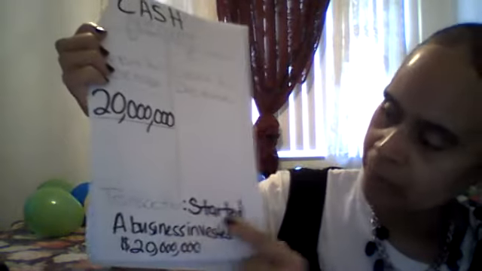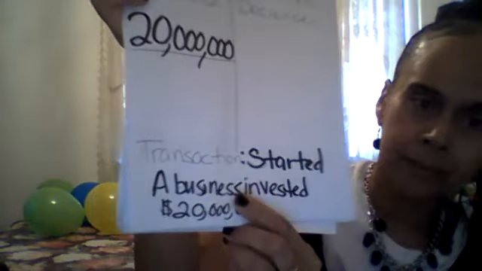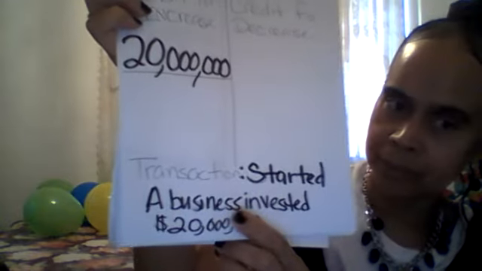And then we have the cash account. Instead of writing on the board, I thought I would just do it on the paper right now. So the transaction is at the bottom.